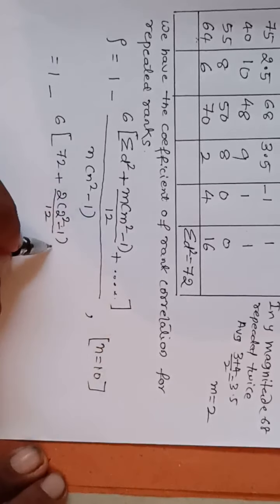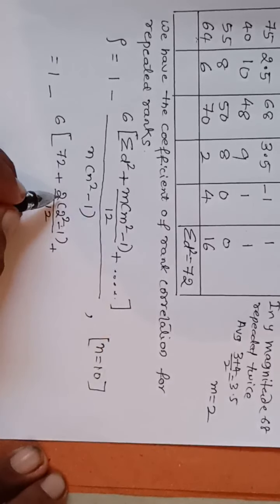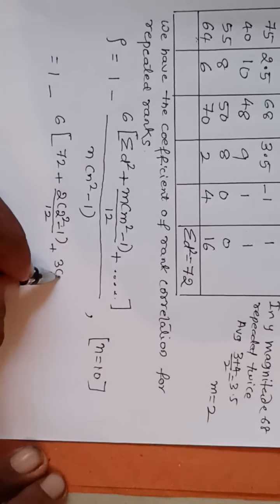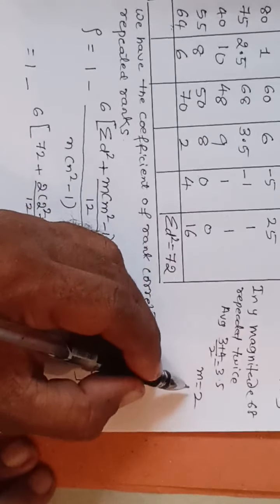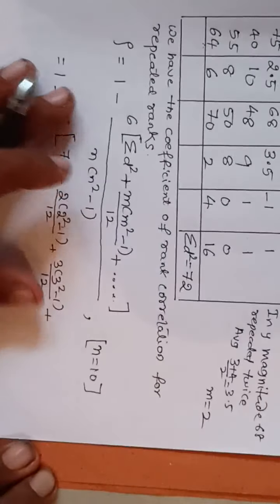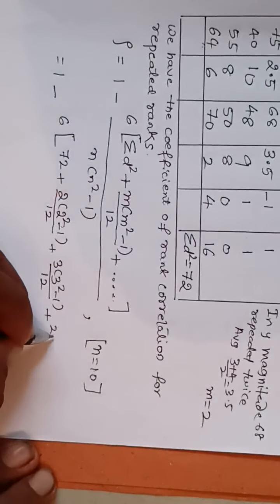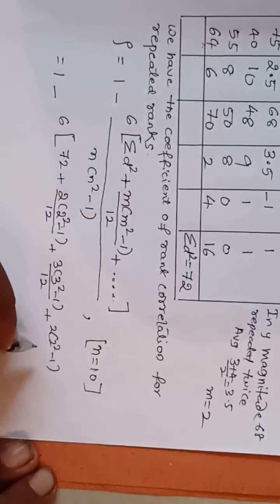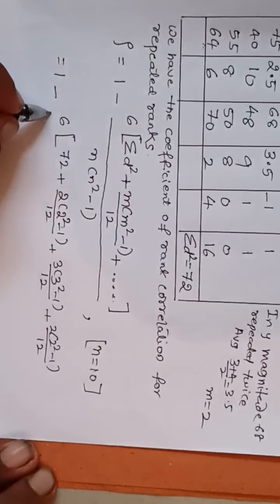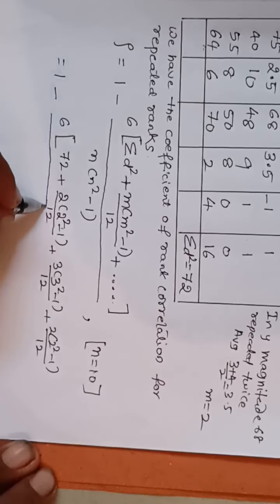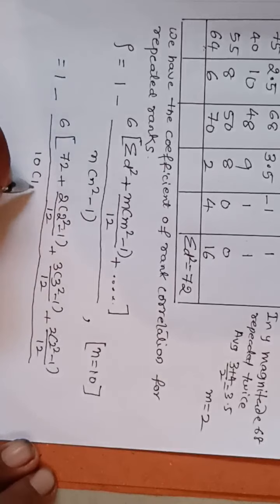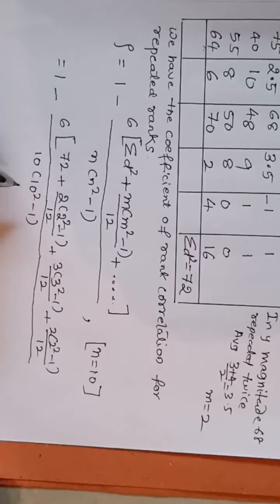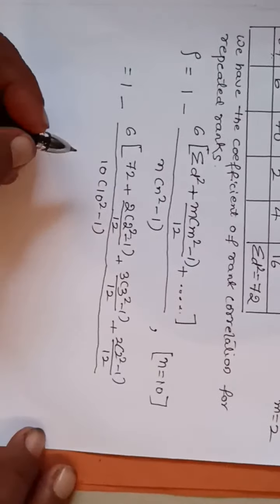Next, plus m equal to 3: 3 square minus 1 divided by 12. Next, again the last one, m equal to 2: 2 into 2 square minus 1 divided by 12. The whole is divided by n into n square minus 1, n is 10 into 10 square minus 1. So we calculate this.